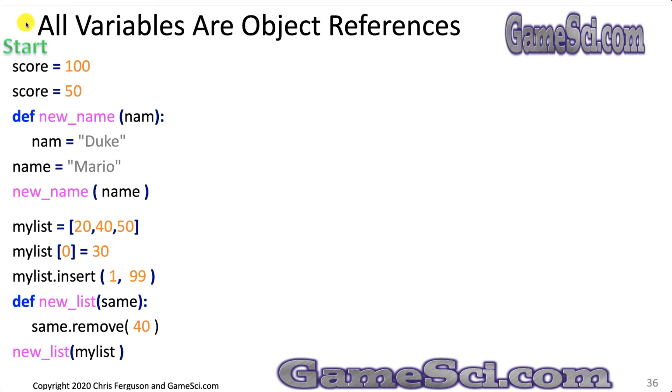All Python variables are object references. We don't emphasize objects early in the lessons because it's a little more advanced. We want to introduce you to computer programming first. But it turns out every single variable we ever created in this class is actually an object reference, because in Python, all variables are objects.